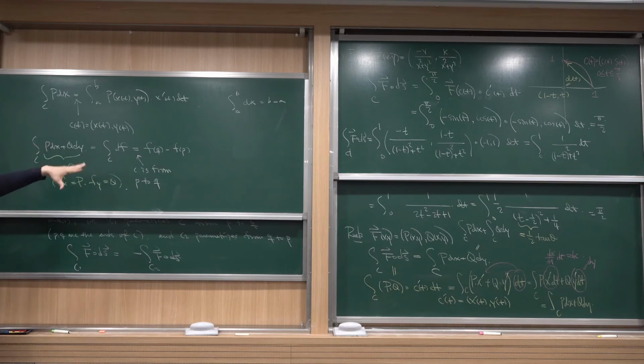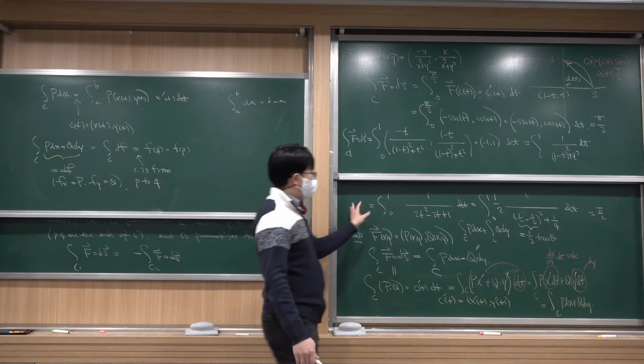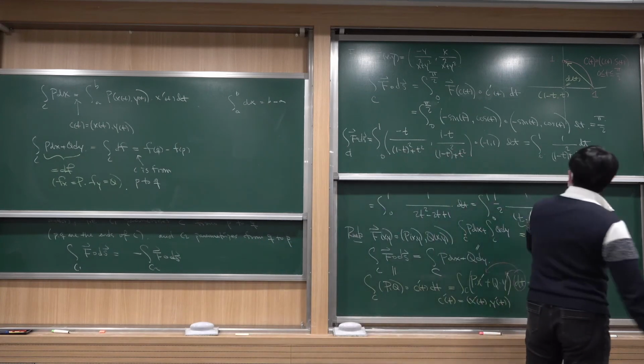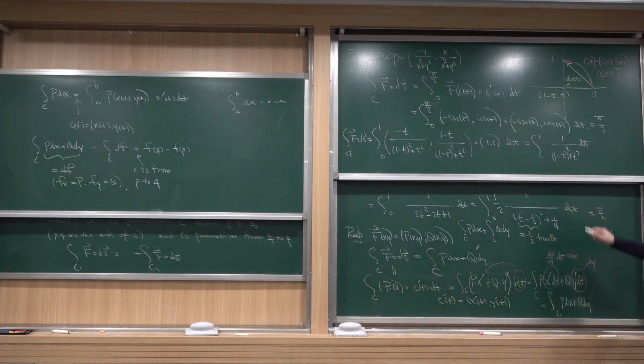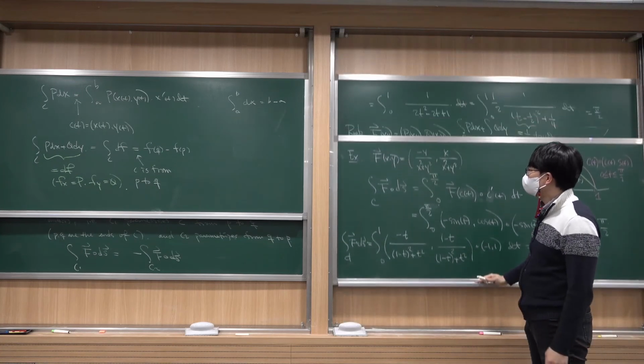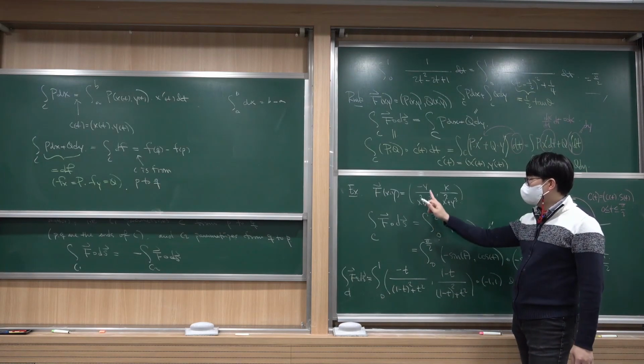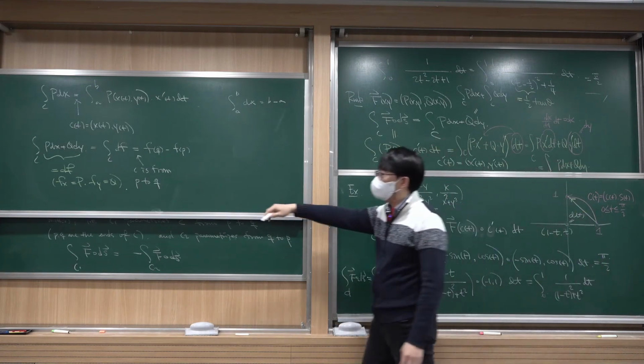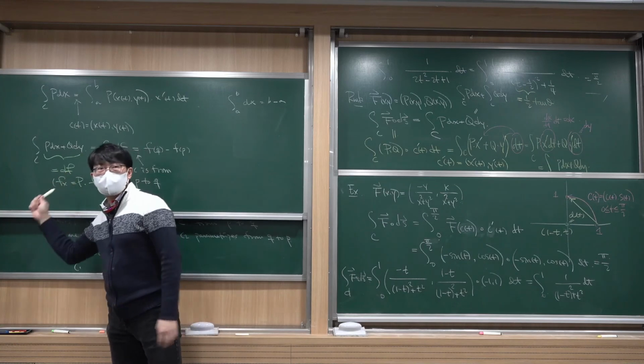So this happens only when we can get this p dx plus q dy by total differentiation. And the reason I'm giving a hint that we get the same answer for this vector field in the line integral is that this vector field has coordinate functions which can be obtained by this total derivative.